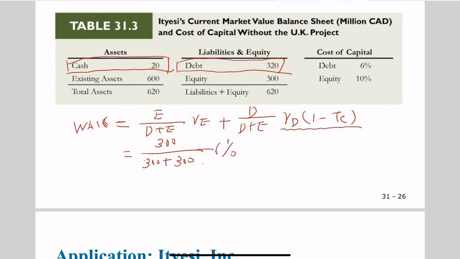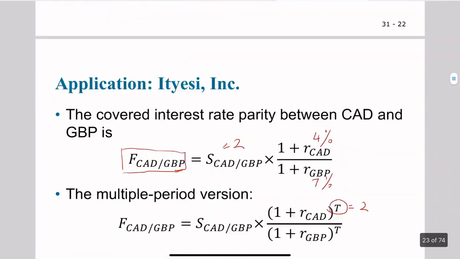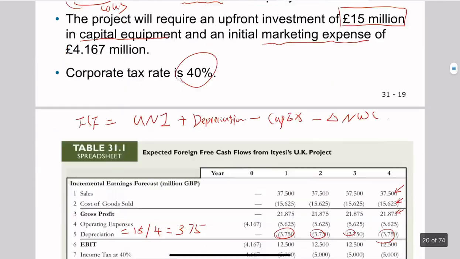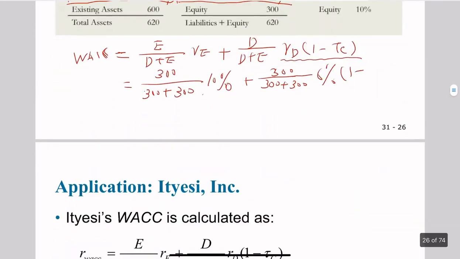Oh, sorry, the equity cost is actually 10%. Okay, and then the debt cost of capital is 6%, and the corporate tax rate is 40%.